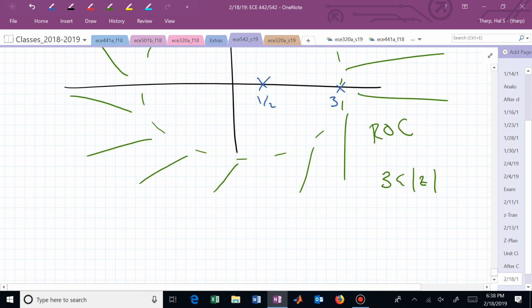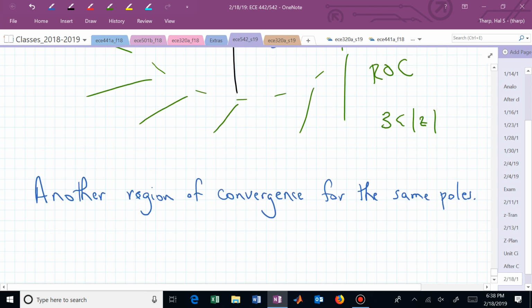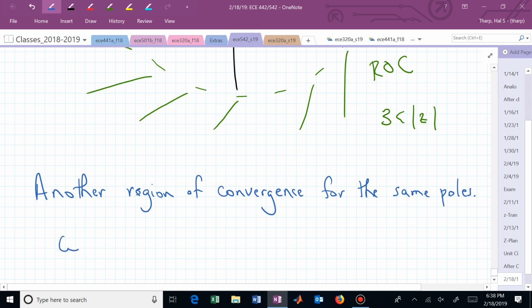So this is now another region of convergence for the same poles. I now am going to call that w of n in the time domain. What's its structure?